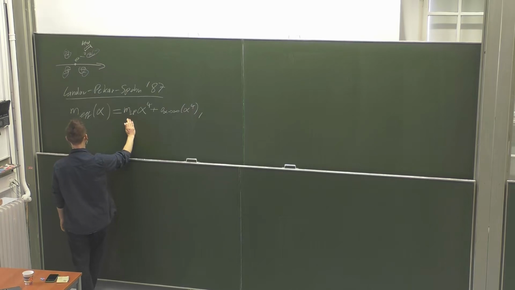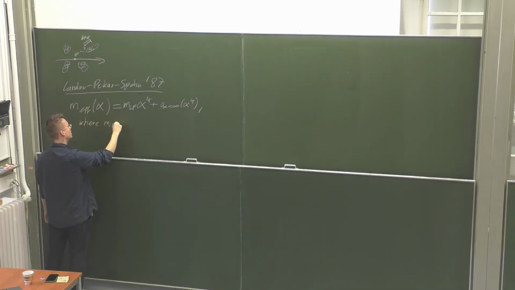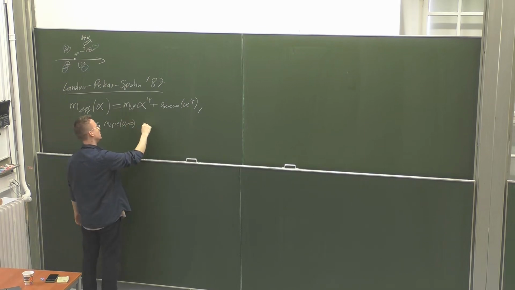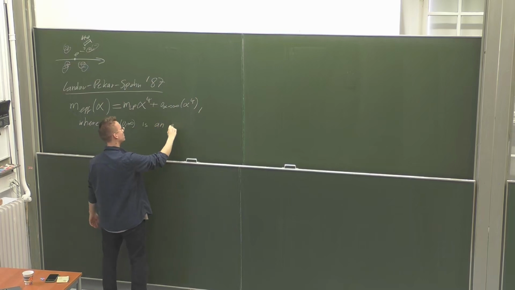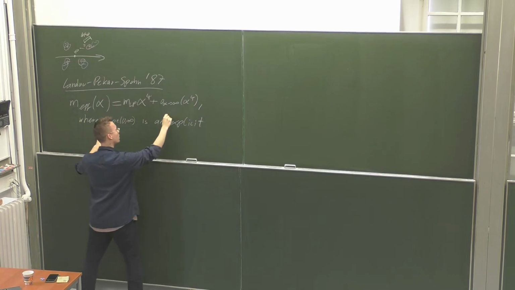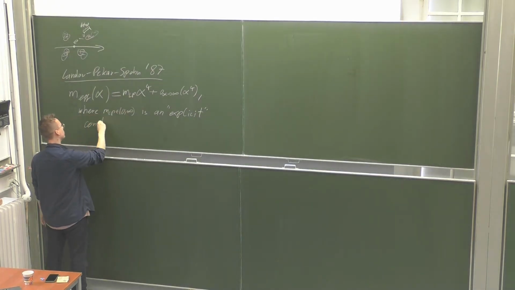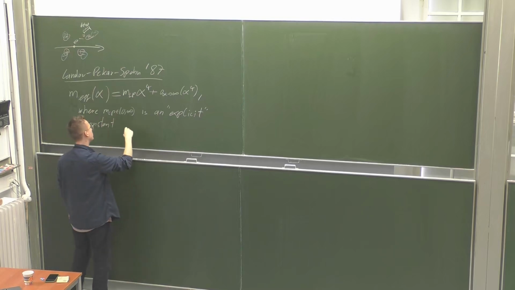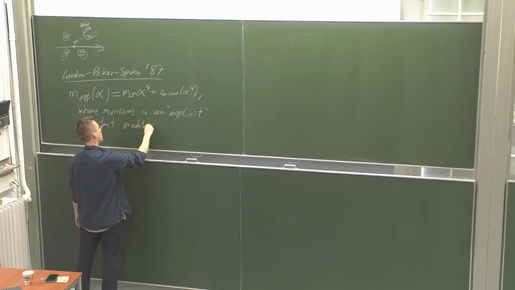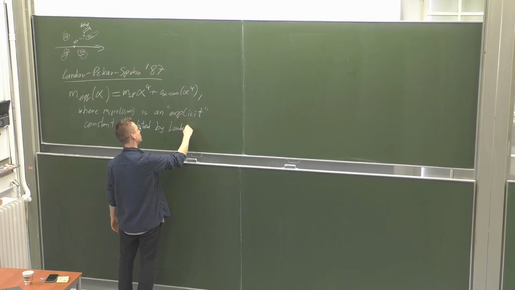And here, with this constant M_LP, first of all, it's between 0 and infinity. This is an explicit constant, whatever explicit means. The crucial point is that this constant is predicted by the underlying Landau-Pekar theory.